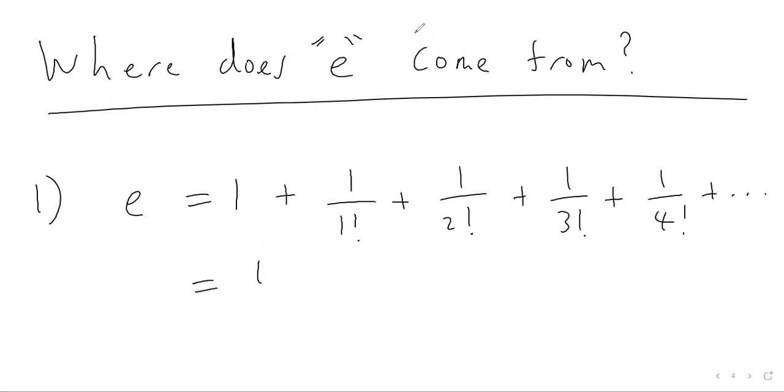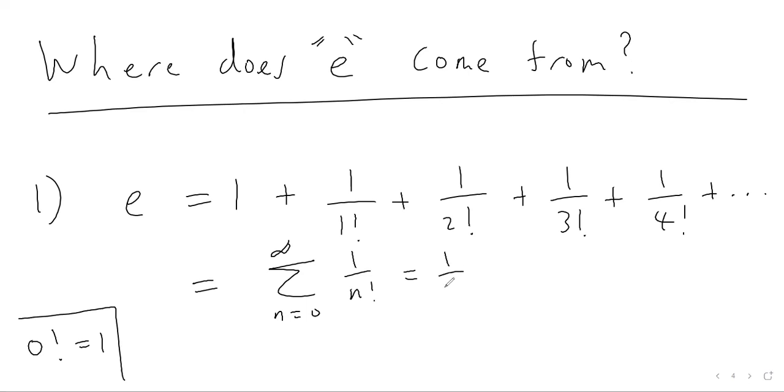You can write it using summation notation. This is the sum of 1 over n factorial, with n starting from 0 up to infinity. So it's an infinite sum. Remember, if you plug in n equals 0, a fact we need to remember from our Pascal's triangle and binomial expansion videos is that 0 factorial is just 1.